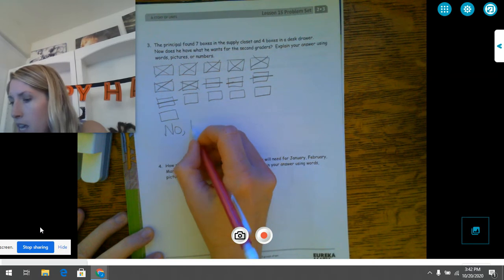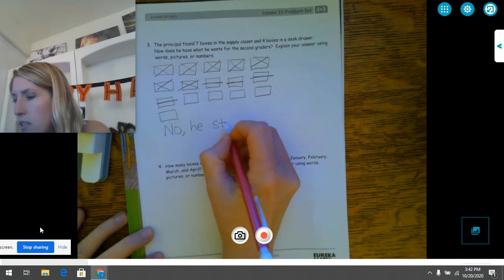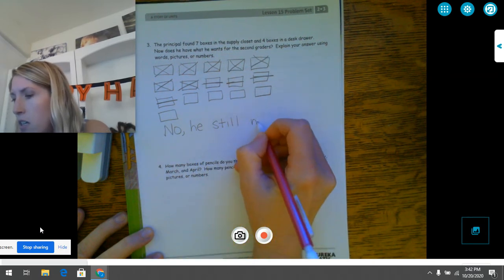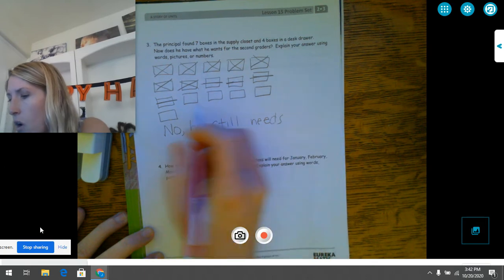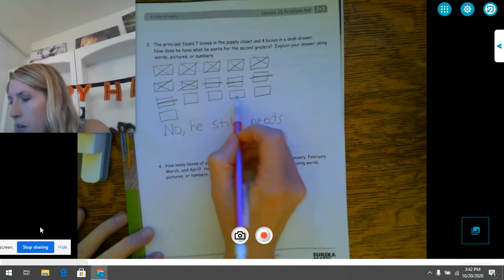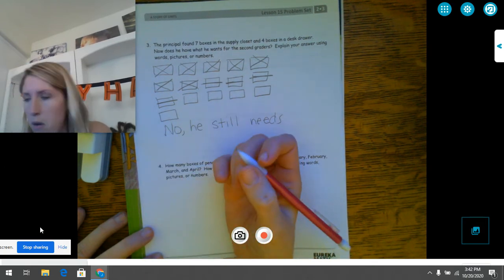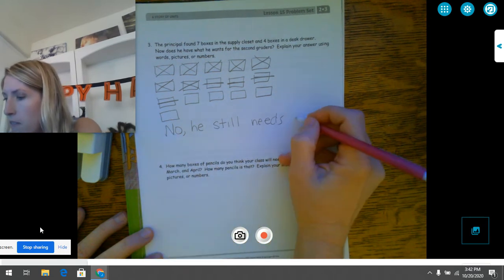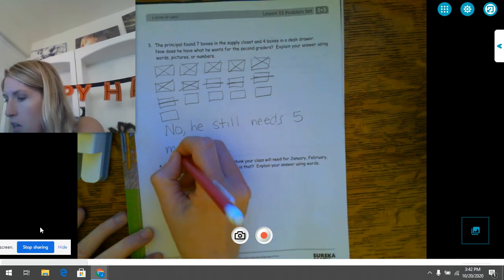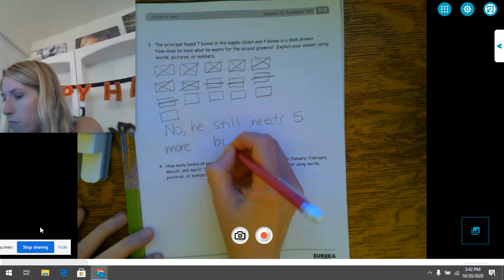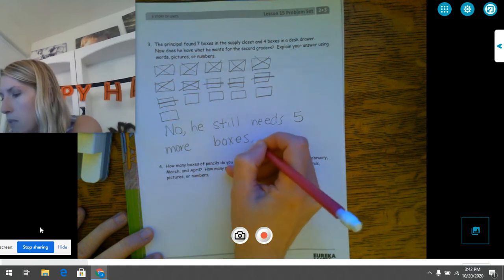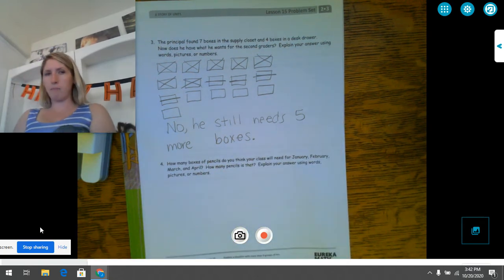So no, he still needs 1, 2, 3, 4, 5. There's still 5 more boxes he needs. No, he still needs 5 more boxes. And then period at the end.